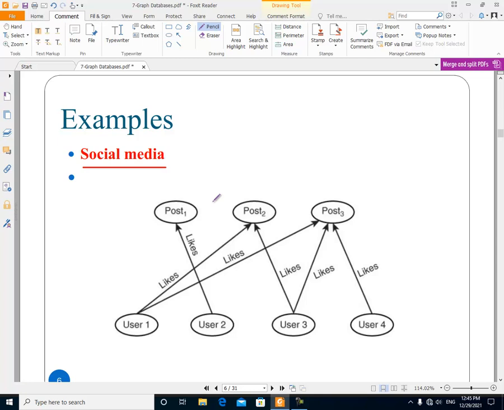So in this data, the user and post are the nodes or vertices, and the like relation is the connection between these nodes. One user may like one or more posts.